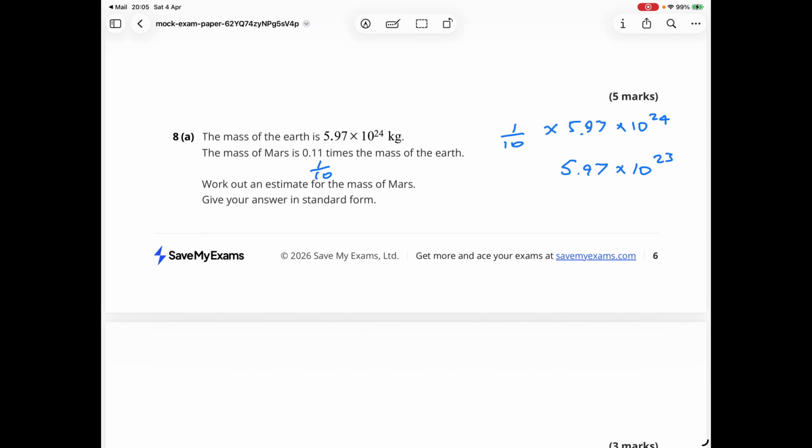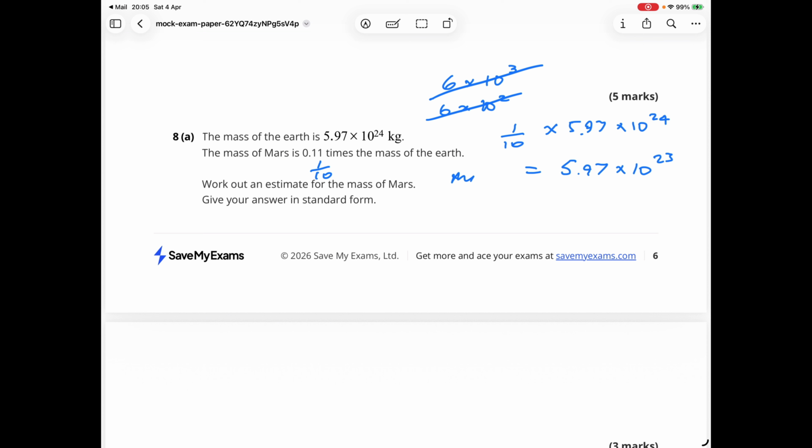You can think about it like this: if it was 6 times 10 to the power 3, what's a tenth of 1,000? Well, it's 100, so it'd be 6 times 10 to the power 2. So you can see how it's right.